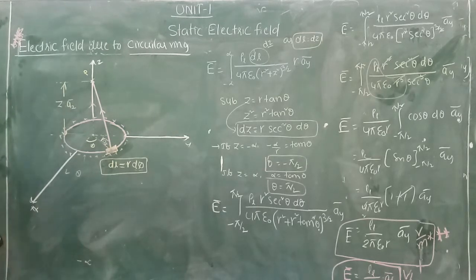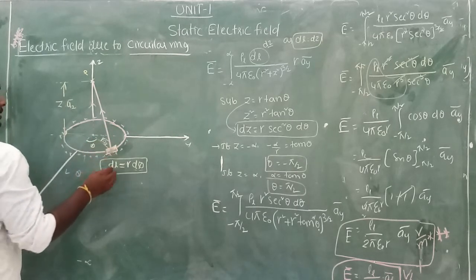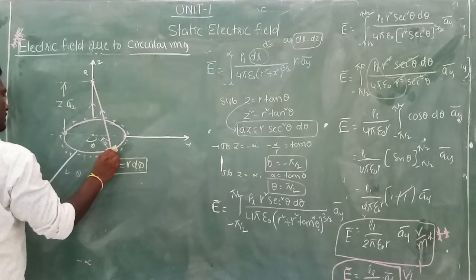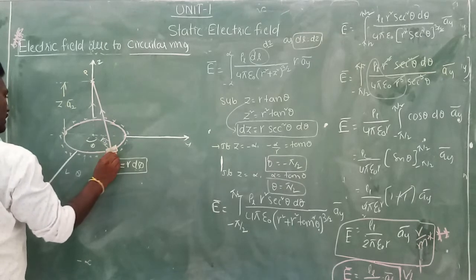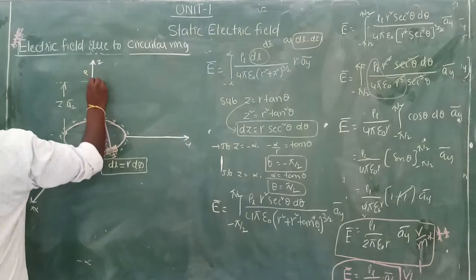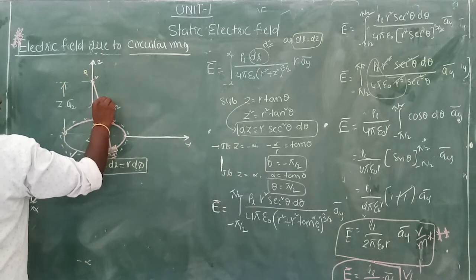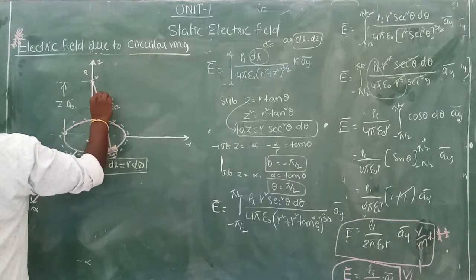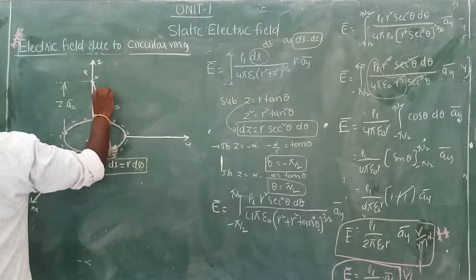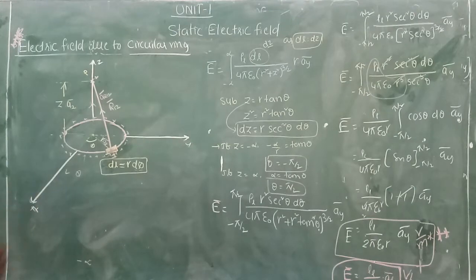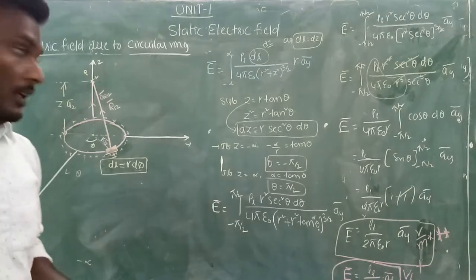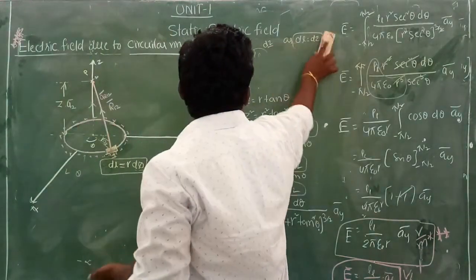Okay, now imagine that the point is 1 and the other is 2. What is the distance between 1 and 2? It is r12 bar, and the direction is ar12 bar. Now again use the same formula to calculate the electric field intensity.